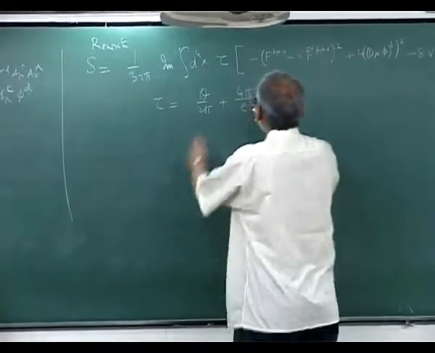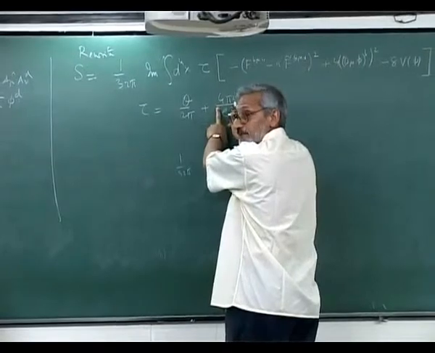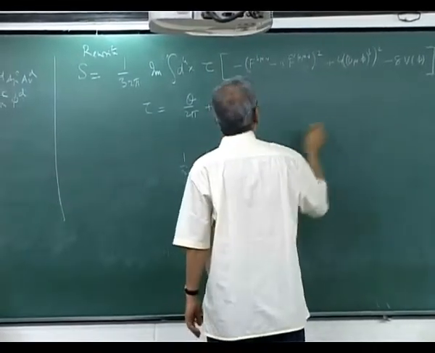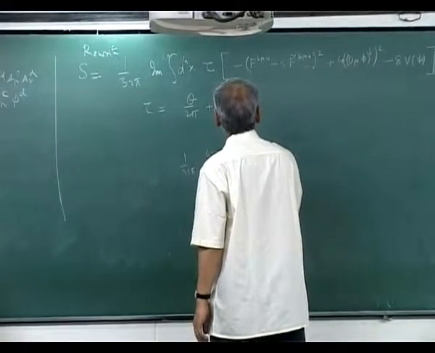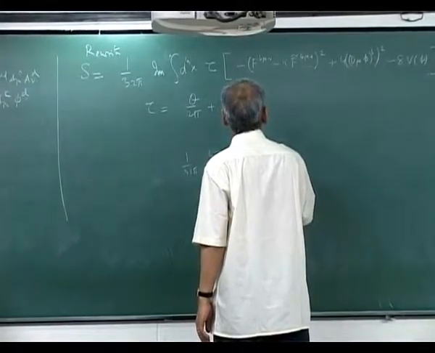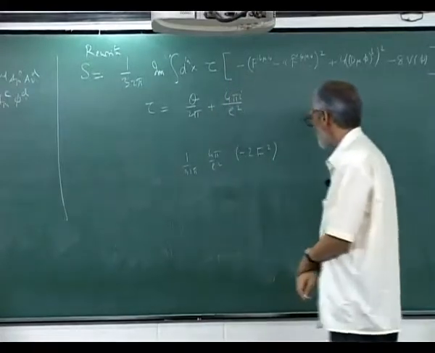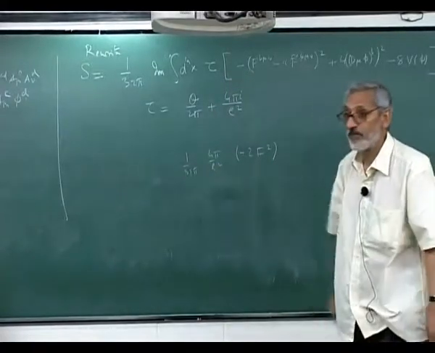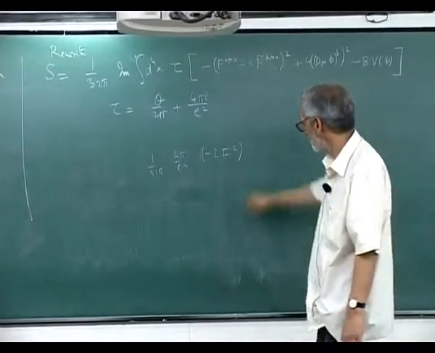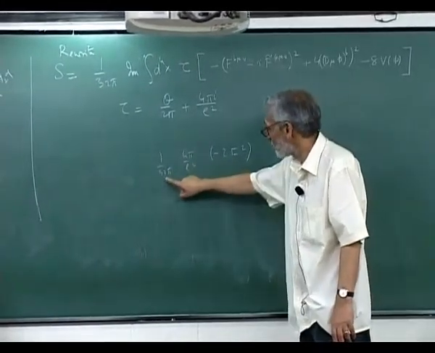And if I take the imaginary part, which means I take this part only, 4 pi by e square times twice, is that exactly the first term? Eight, 4.